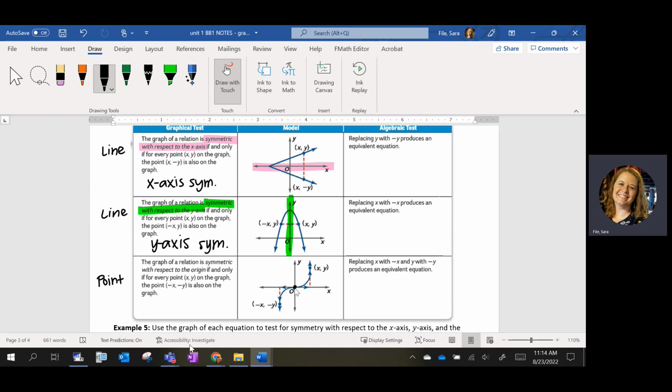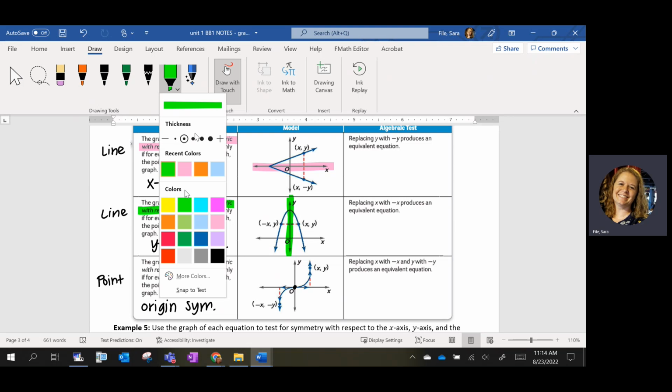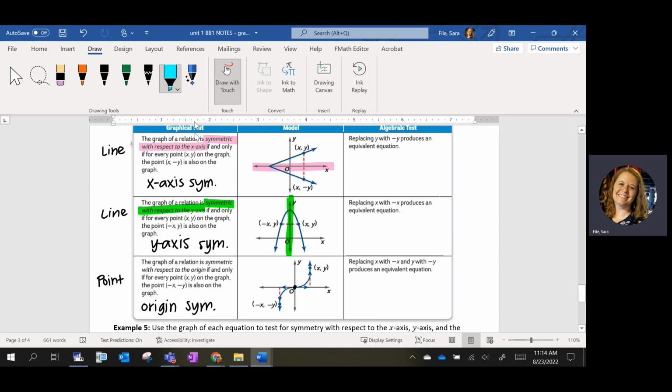So that is a type of rotational symmetry. If I can rotate it about the origin, it has origin symmetry. I'll highlight here, you may see it referred to with the wording symmetric with respect to the origin or symmetric about the origin.